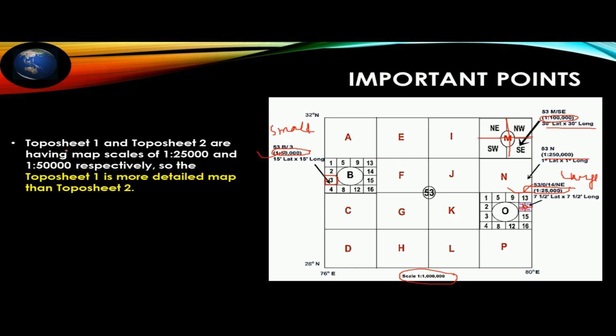The question is: one topo sheet has a proportion scale of 1 is to 25k, and the other has 1 is to 50k. Which will be more detailed? The topo sheet 1, which has 1 is to 25,000, will be the finer detail topo sheet. It gives more detail as compared to topo sheet 2. Okay, am I clear to you?